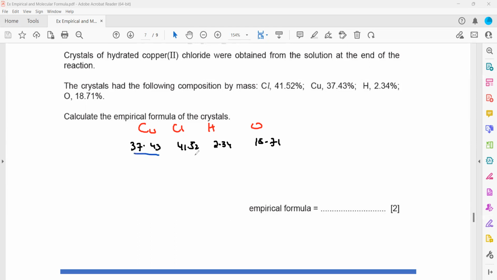We divide them by atomic mass. So copper is 64, chlorine is 35.5, hydrogen is 1 and oxygen is 16. After dividing them by atomic mass, we get 0.584 for copper.